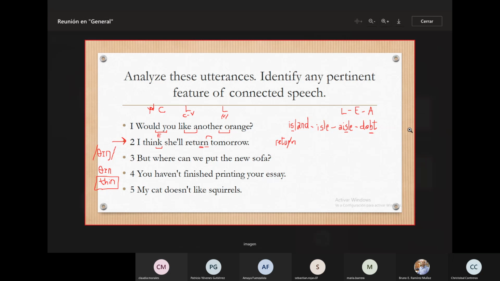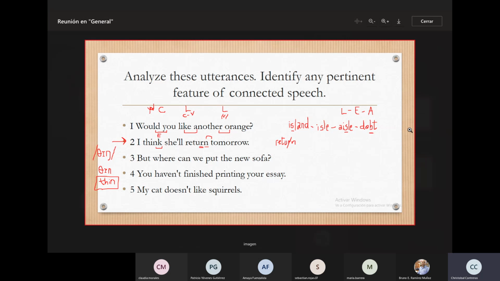But other speakers may include the final t sound, but it sounds more like a p. Both are correct: elision of t or regressive assimilation, where the final t becomes more like p in terms of place of articulation, a bilabial sound.